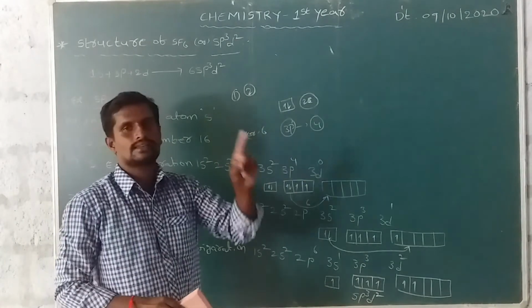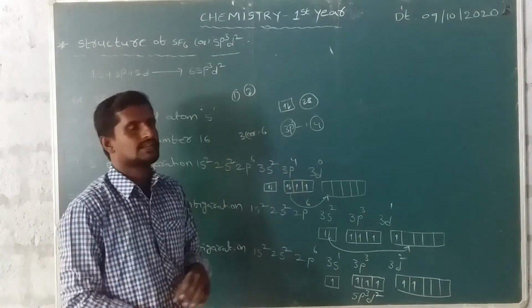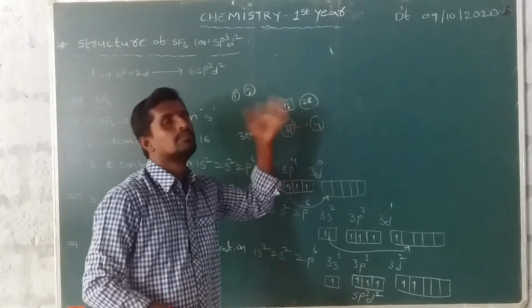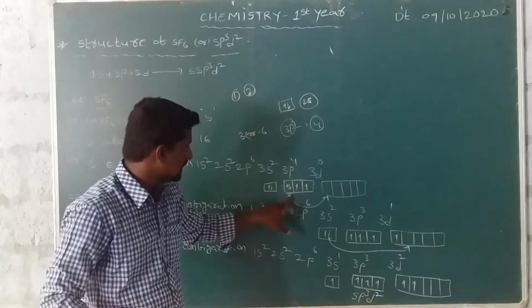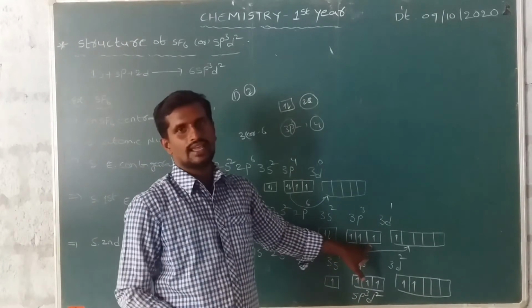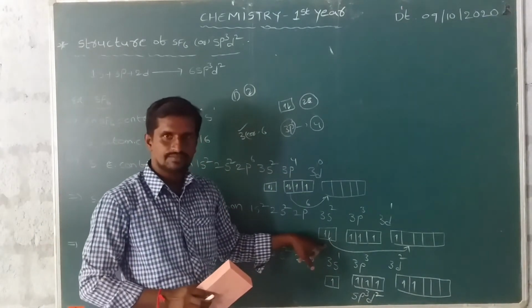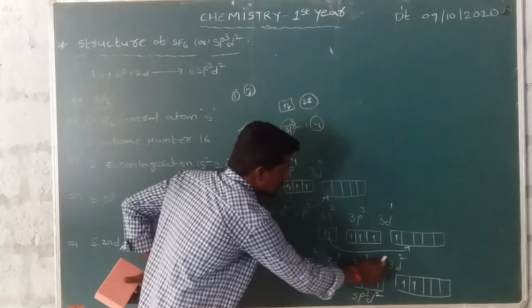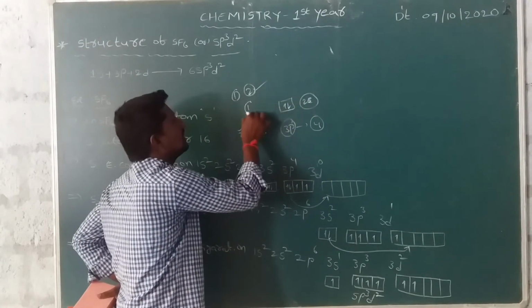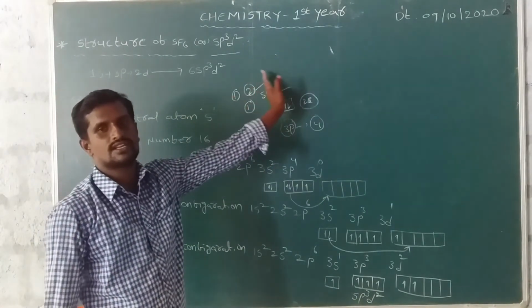So first, one electron is easily removed from the 3p orbital to the 3d orbital, leaving 3 electrons in 3p, which is stable. In the second excited state, one electron is lost from the 3s orbital, leaving only 1 electron in s, which is also stable.